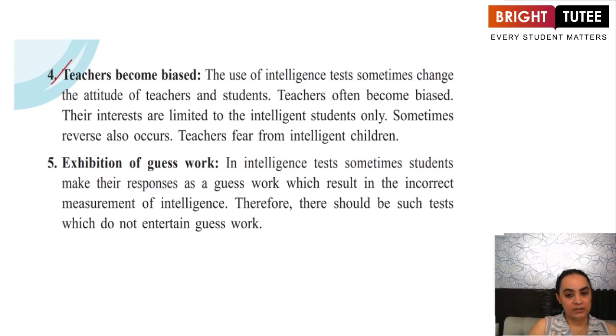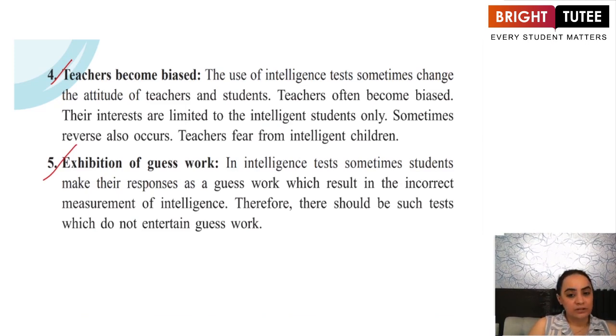So teachers, if they are given the opportunity to set the paper for such students, would always have an impact of their own interests and their own desires in those papers.